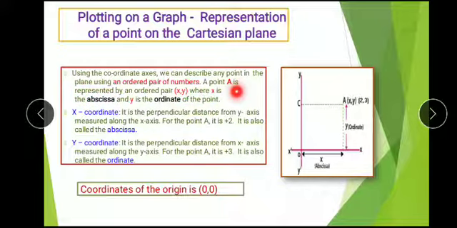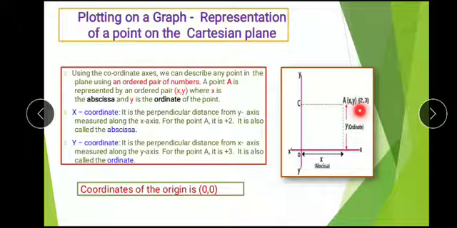A point A is represented by an ordered pair (x, y). For example, suppose this is the vertical axis and this is the horizontal. Suppose one point is A. This point will be represented by the ordered pair (x, y), say for example (2, 3).